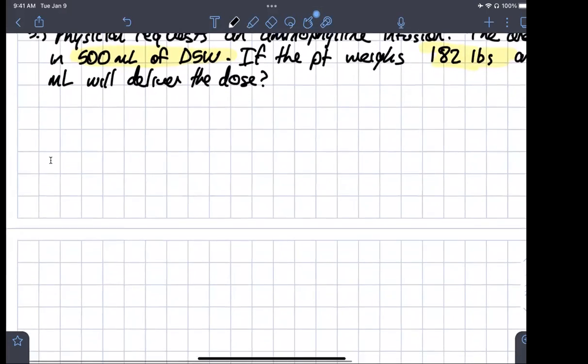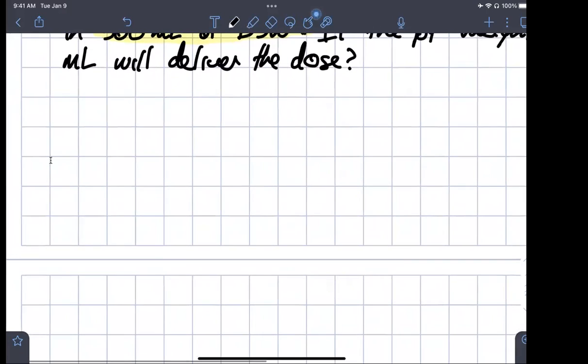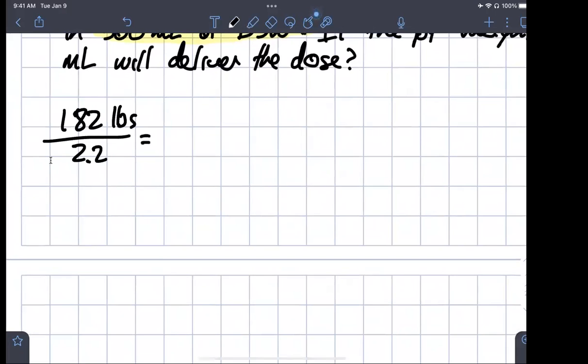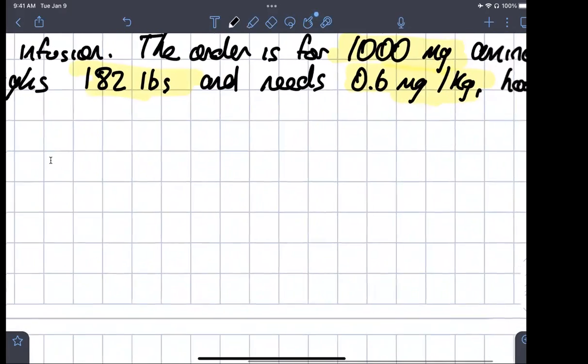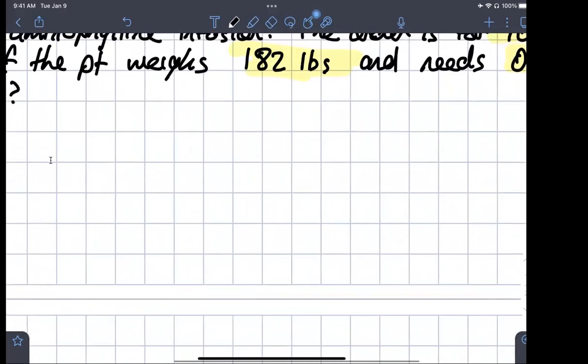So we know that the patient weighs 182 pounds, and if you ever see 182 pounds, I want you to go ahead and convert that into kilos. That is 82.73 kilos, okay? How many milligrams per kilo is he getting? 0.6.